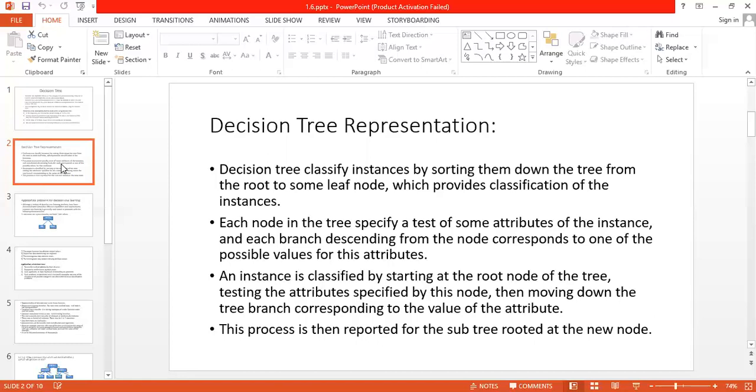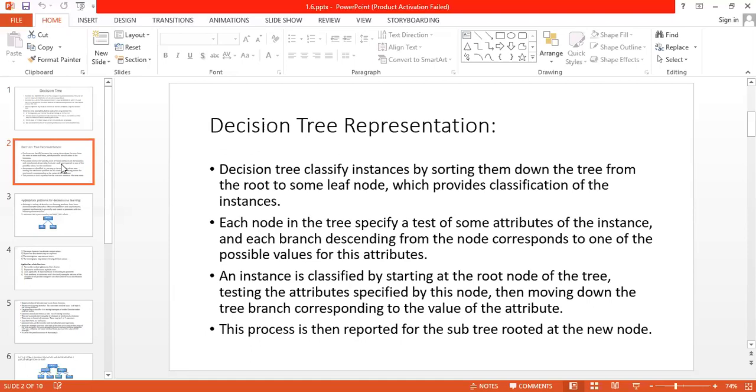In this lecture we are going to see only theory; in the next lecture we will see a solved example. Now, how is the decision tree represented? Decision tree classifies instances. We have a number of instances, and we have to sort them from root to leaf node like a binary tree, which provides the classification of the instances.